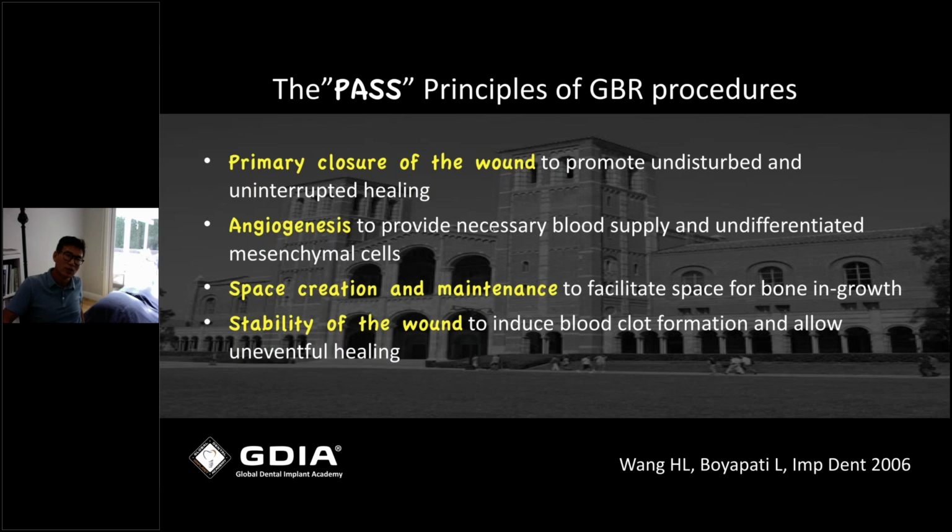We know angiogenesis, blood supply, all the undifferentiated mesenchymal cells to any soft tissue or hard tissue part. To work on the cells on the regeneration side, we need space creation and room making, stable tenting, maintenance, and stability of the wound. So this is a main good criteria, right? We call it PASS. Remember that.